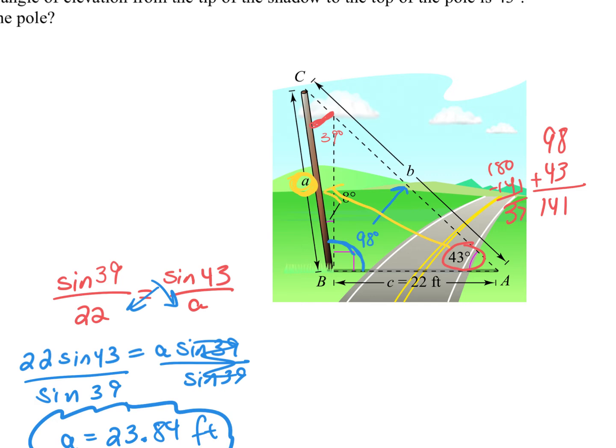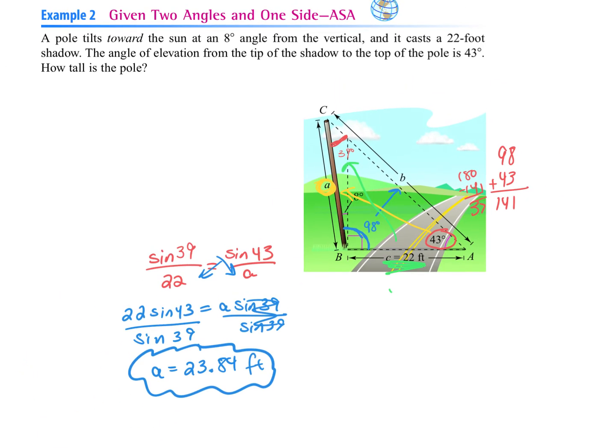I knew how long C was, but I didn't know what the angle measure was. But since I already had two of the angles, you can add up those two and subtract from 180, and that leftover amount will be that missing angle. Okay. You can always do that. When you have two angles, you can always add up and subtract.